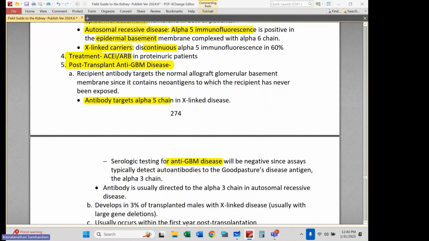What would you expect to see on immunofluorescence in this anti-GBM disease? What pattern? Would you see mesangial staining? Would you see granular immunofluorescence along the glomerular basement membrane? Would you see linear staining of immunoglobulin in the glomerular basement membrane?